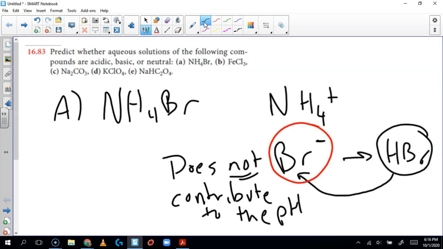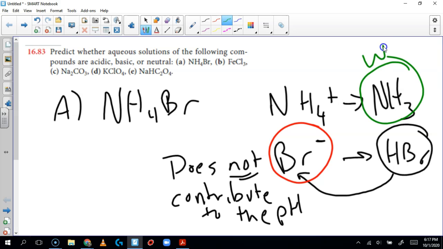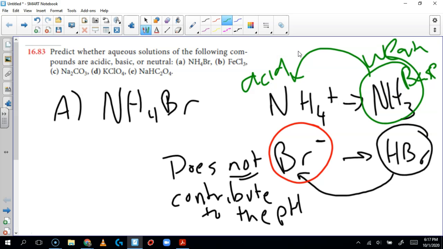But now when we look at NH4 plus, its conjugate is NH3, and this is a weak base. And that makes NH4 plus an acid because of conjugate acid-base concepts.